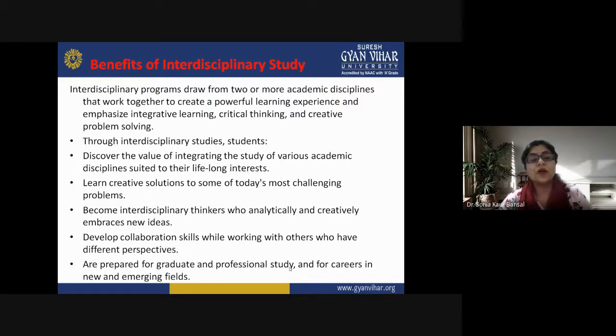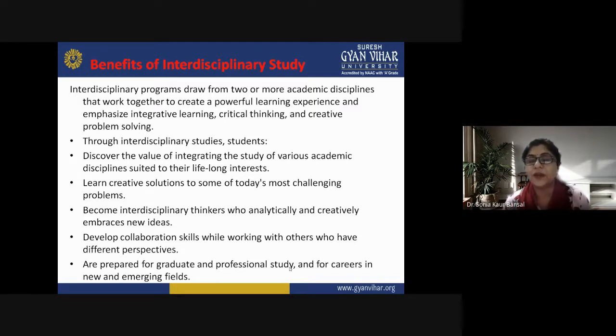And this will not only lead to creative solutions for the most challenging problems, but it will also enhance the critical thinking and creative problem solving skills among scholars or researchers. So become interdisciplinary thinkers who analytically and creatively embrace new ideas.